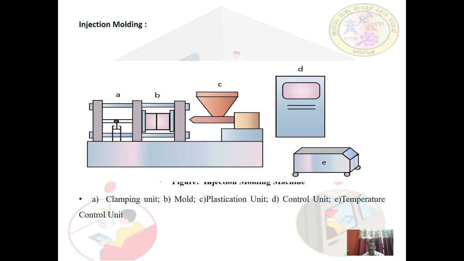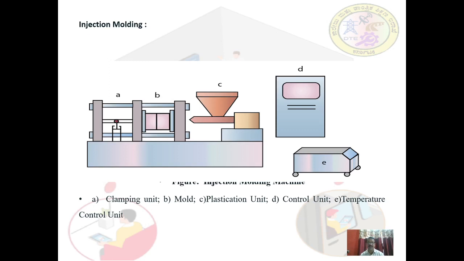After this, the molding is cooled and is mechanically removed from the mold by handling equipment. The entire process is fully automated and is coordinated by a control unit.